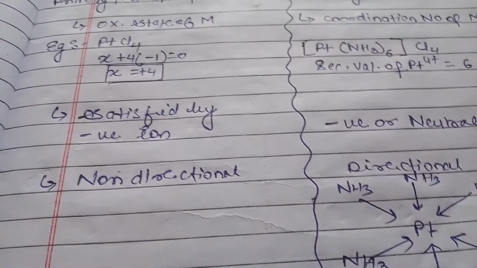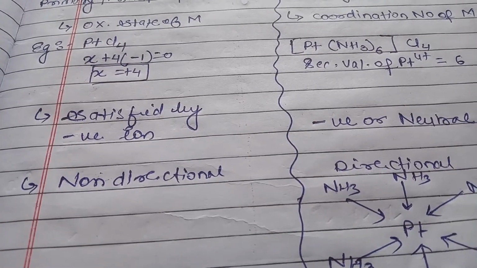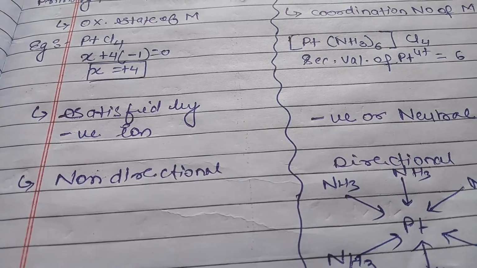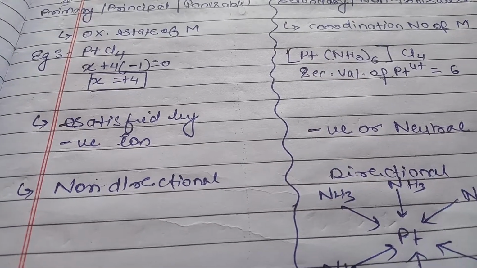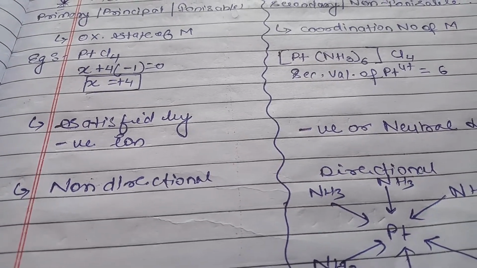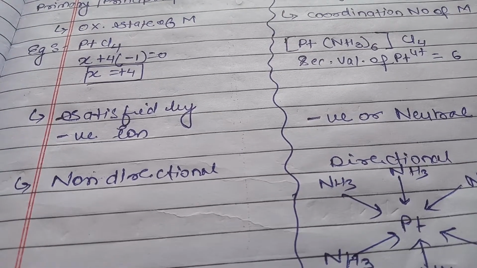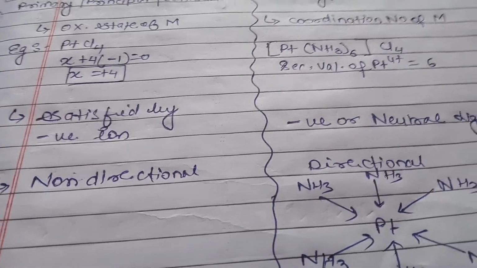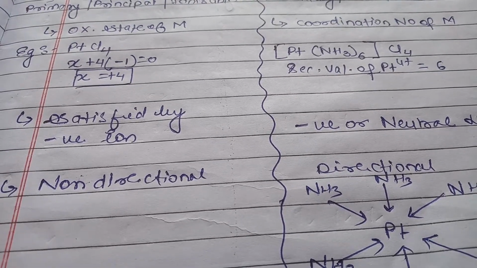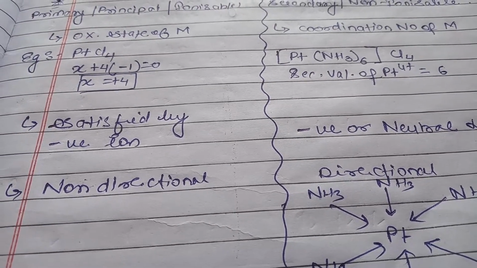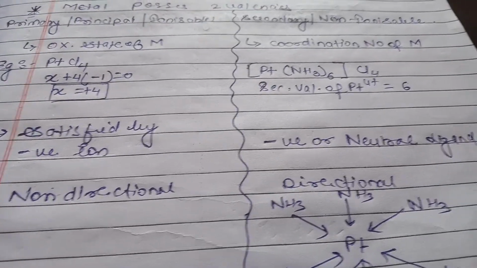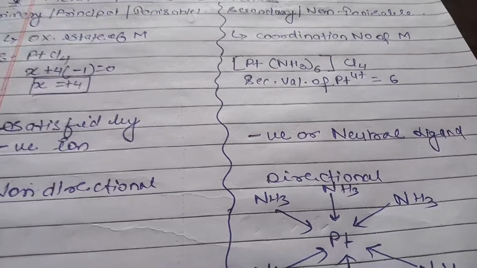Possibly we are clear with these two terminologies. The oxidation state of the metal is said to be what? Primary valency. The coordination number of the metal in a complex is termed as what? Secondary valency. Primary valency is satisfied by the negative ion, meanwhile the secondary valency can be satisfied by a negative ion or a neutral ligand.